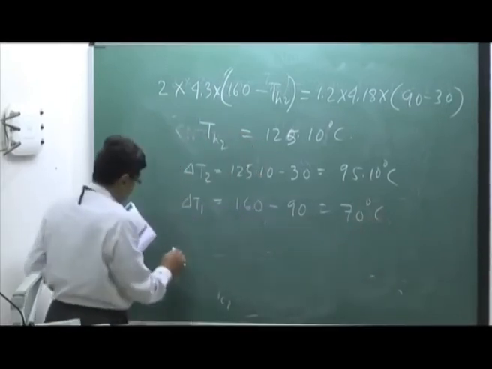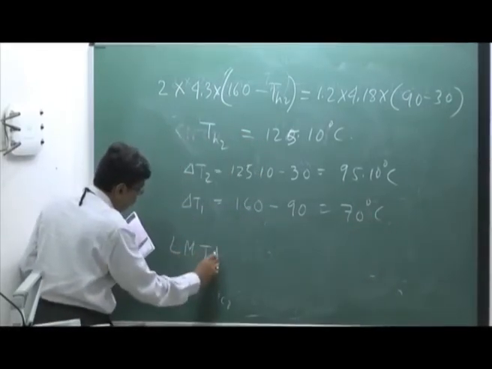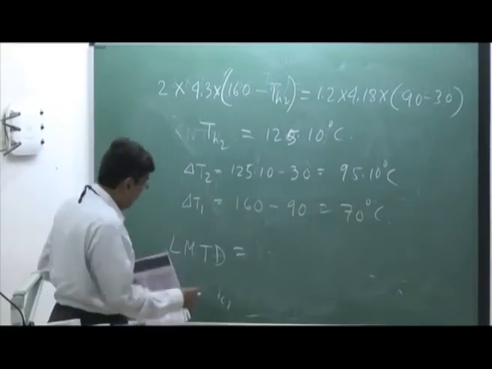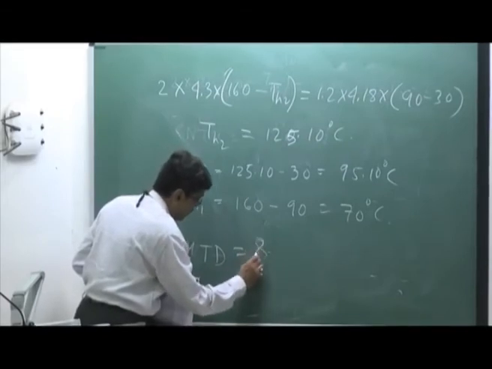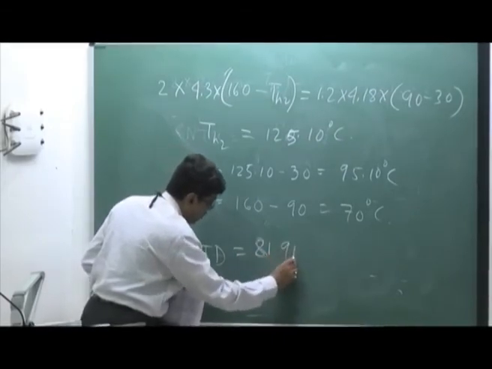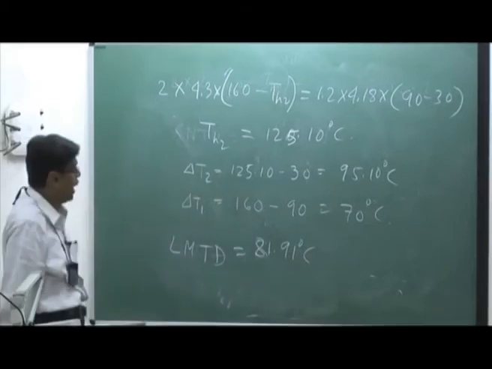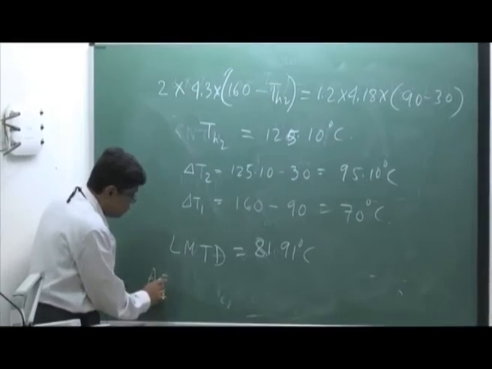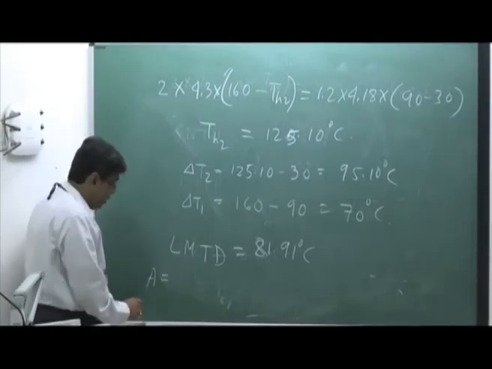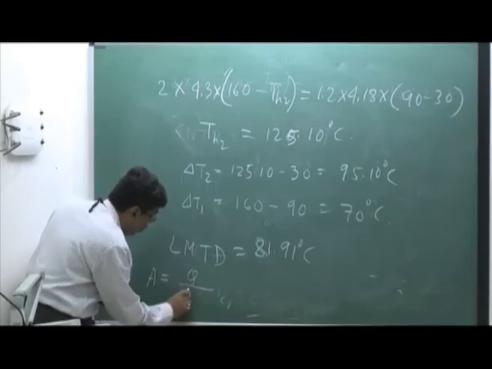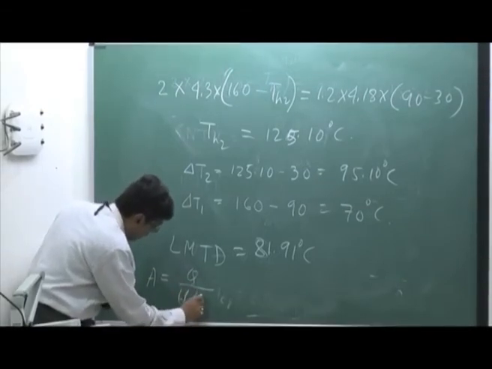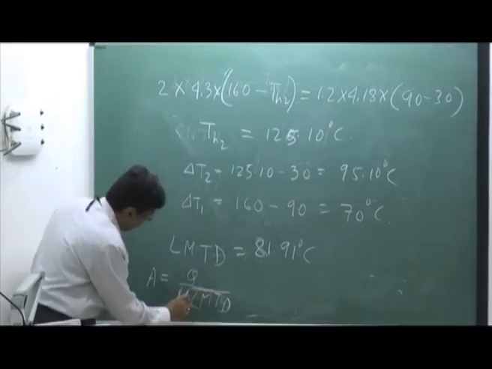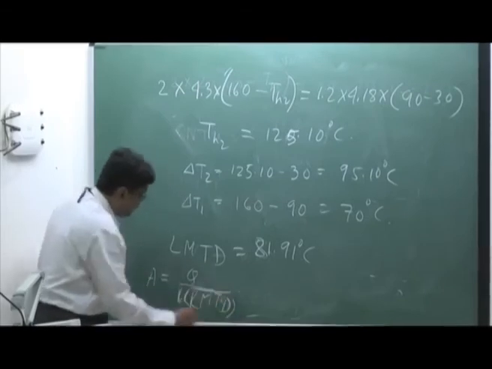With this value, the LMTD will come as 81.91 degrees Celsius. This is the mean temperature, log mean, 81.91 degrees Celsius. Okay. Then A is Q by U LMTD, U into LMTD in the denominator.